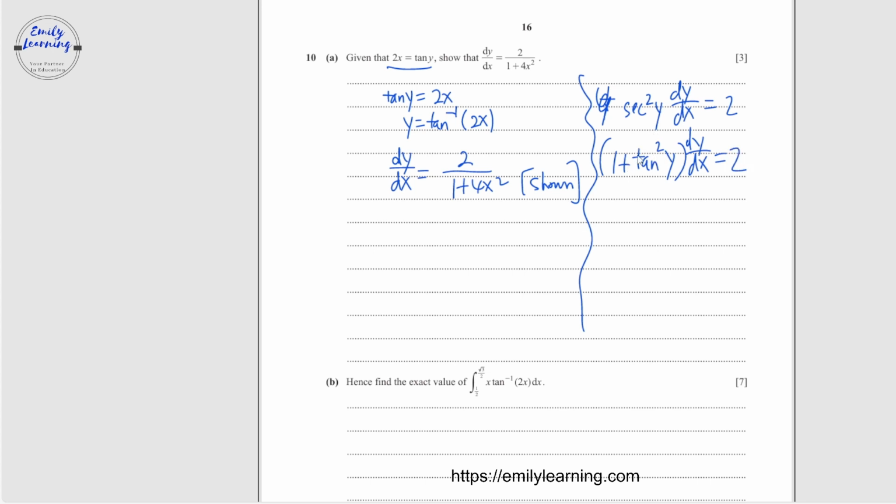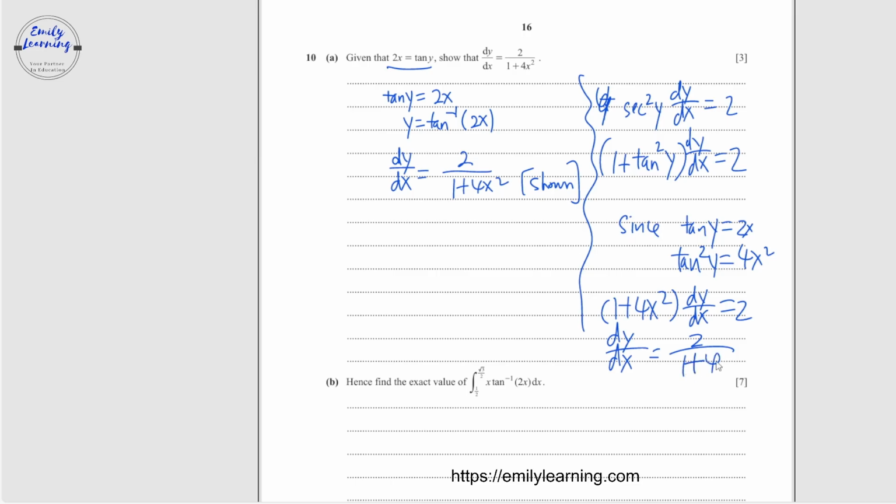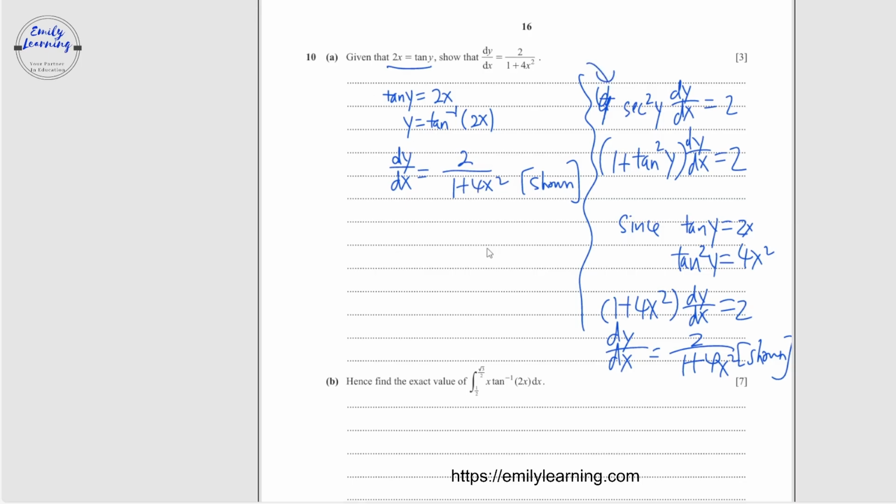And we know that since tangent y is equal to 2x, tangent squared y is equal to 4x squared, right? So I have 1 plus 4x squared times dy/dx is equal to 2. So dy/dx is equal to 2 over 1 plus 4x squared. Use this method because you need to show.